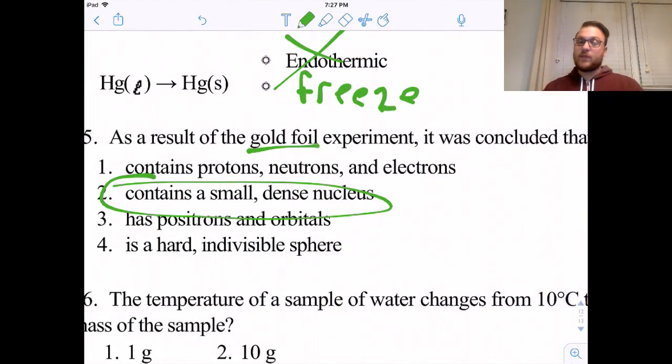One, the atom is mostly empty. He fired a bunch of particles and noticed that all of them passed through. Two, some of those particles were bouncing off, which means they were hitting something, and he said those things were hitting something in the middle that he called the nucleus. So the answer to the gold foil one was 2.